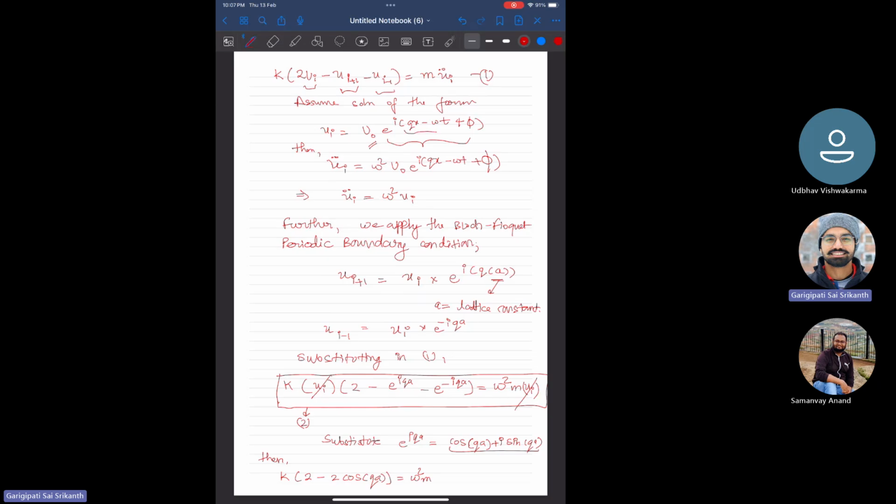This entire thing is the phase, where q is the wave number and omega is the angular frequency.